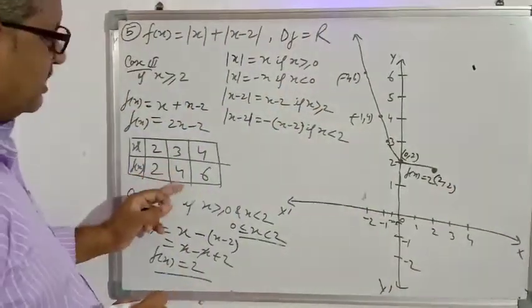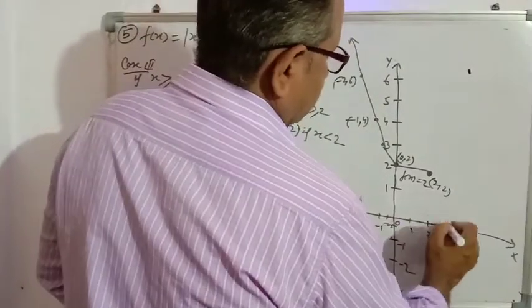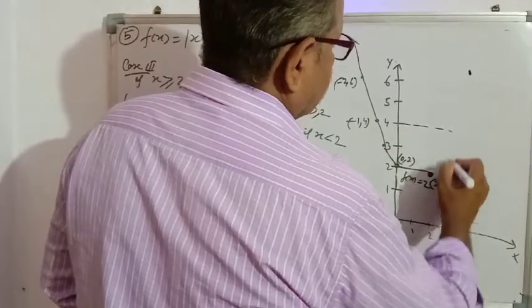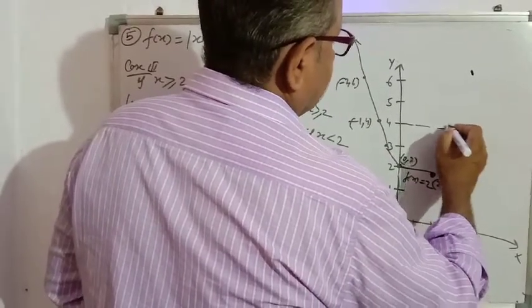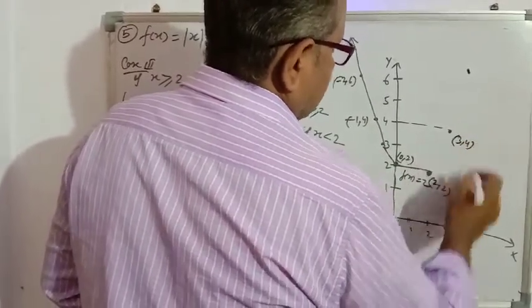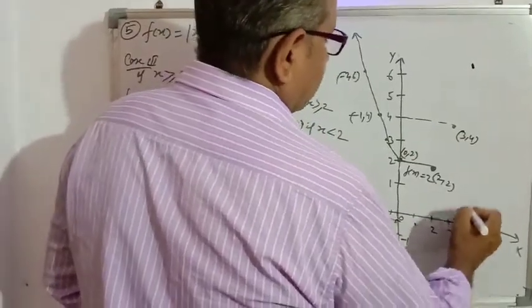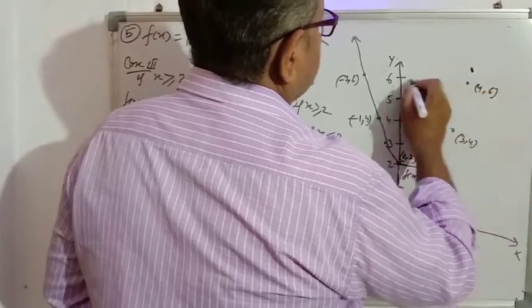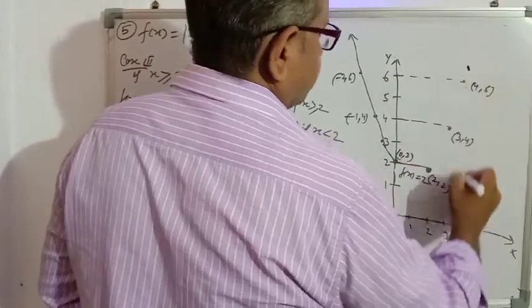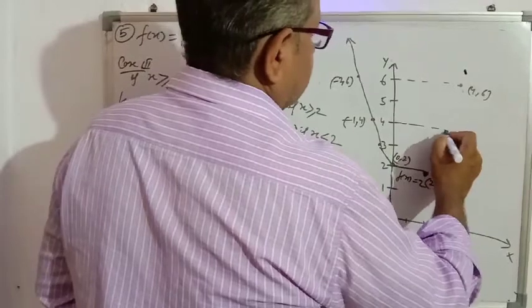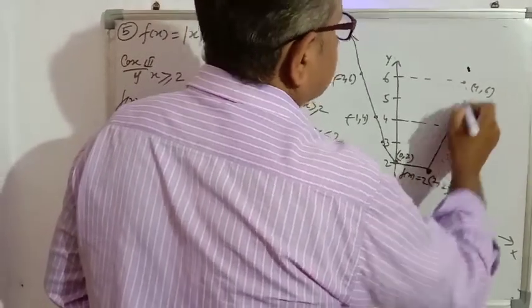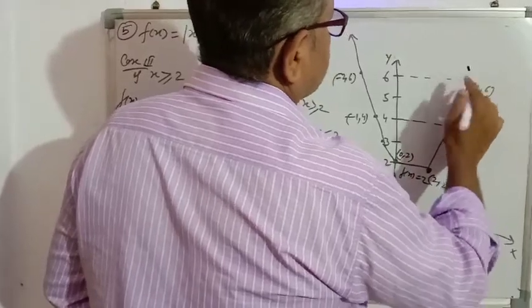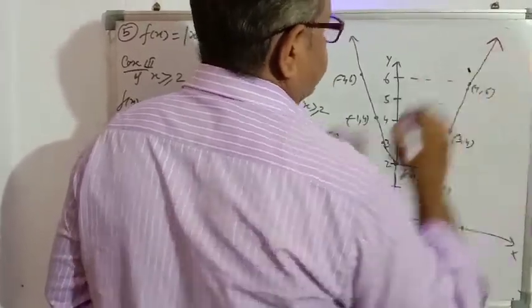Next, x is 3, y is 4. So this point is (3, 4). x is 4, y is 6. So it will come here, (4, 6). Now we will join these points and produce it.